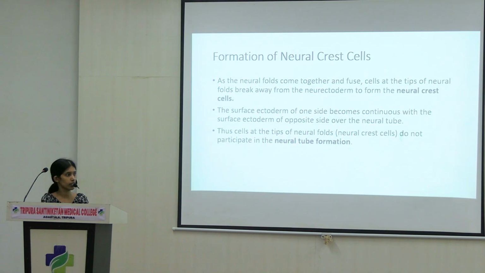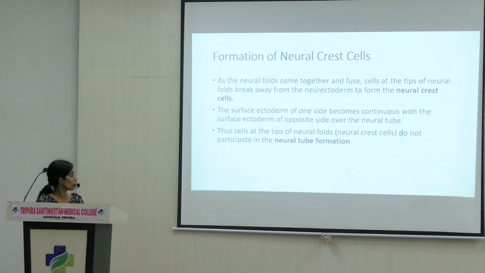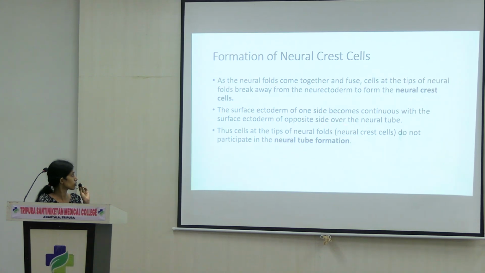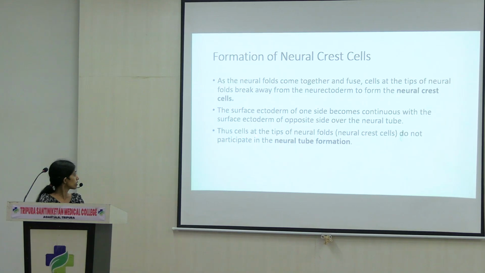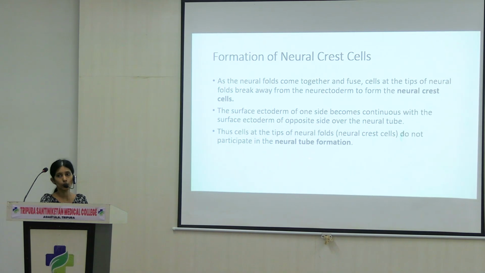Formation of neural crest cells. As the neural folds come together and fuse, cells at the tip of the neural folds break away from the neuroectoderm to form the neural crest cells. The surface ectoderm of one side becomes continuous with the surface ectoderm of the opposite side. Thus, cells at the tips of the neural folds do not participate in the neural tube formation.